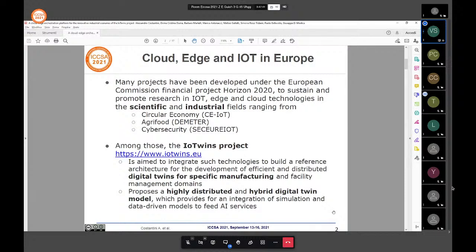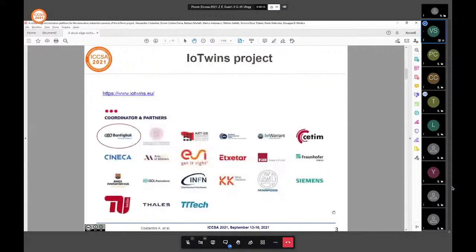Among those, the IOTwins project, whose link is on the slide, aims to integrate such technologies to define digital twins for specific manufacturing scenarios and to provide for them a platform to study the model, to integrate simulation and data-driven models, and to feed the artificial intelligence services.